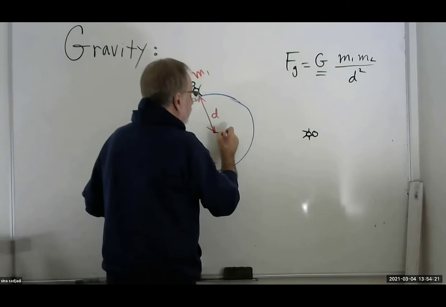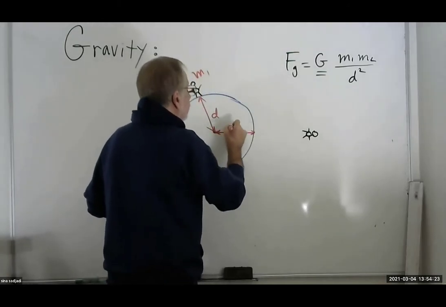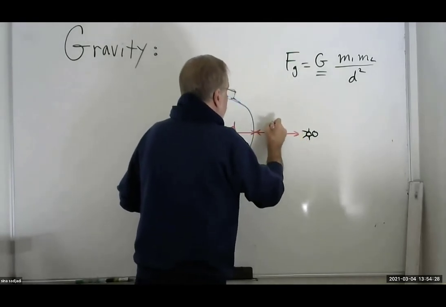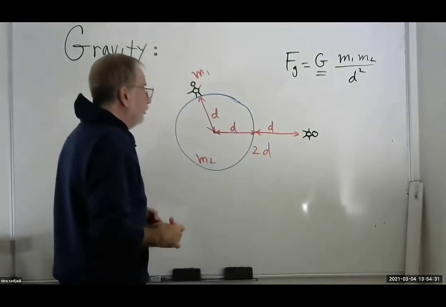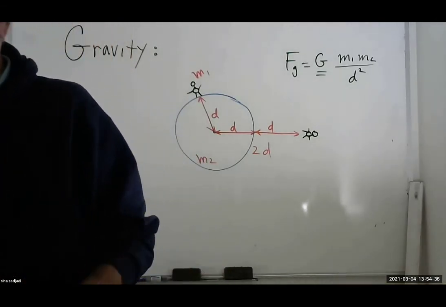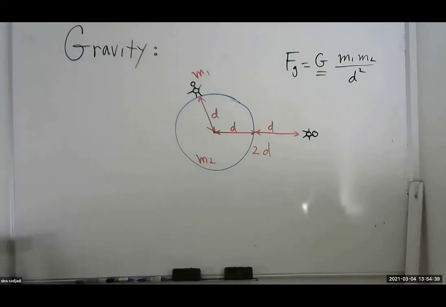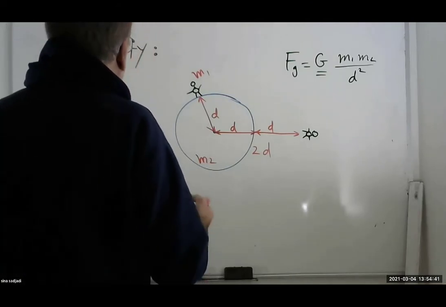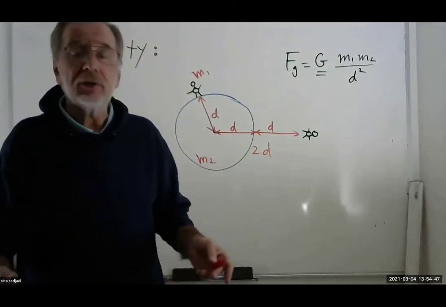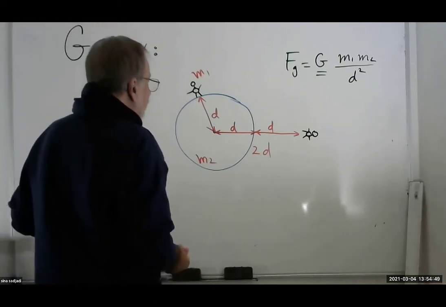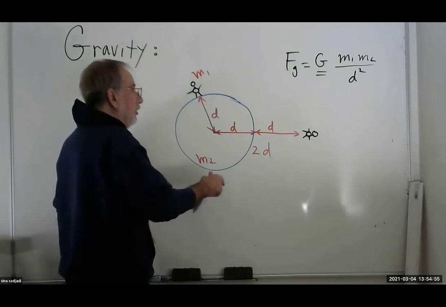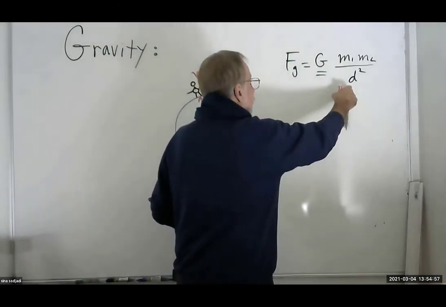This is 1D. Here's another D. So now it's 2D, right? I just went twice as far away from the center of the Earth. Basically, I'm going to go to space, and I want to see how much the force of gravity is going to decrease. Remember, the force of gravity is also weight, right? So let's see how much my weight is going to drop if I move twice as far away. Okay, so instead of D, I'm going to put in 2D to the power of 2.